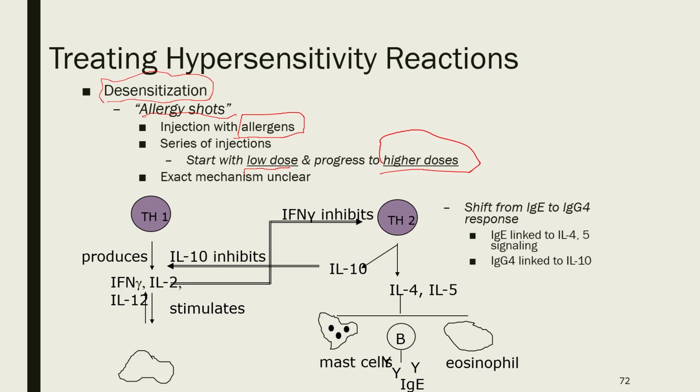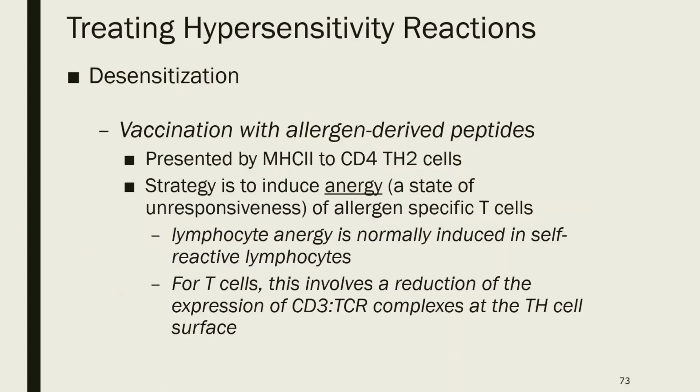Sometimes the first low dose could induce anaphylaxis, so it has to be administered in the physician's office so that they can see if you are reacting to a very, very low dose. The exact mechanism is unknown, but it's believed to make a shift from IgE to IgG4. As long as we're not having IgE binding to mast cells, then they can lead to less severe allergic reactions.